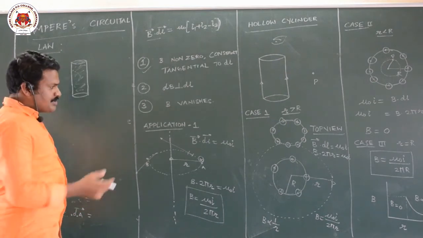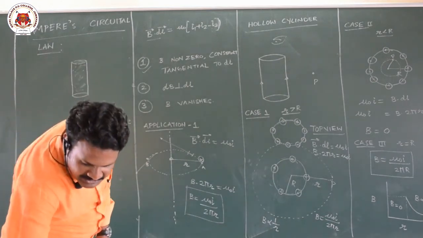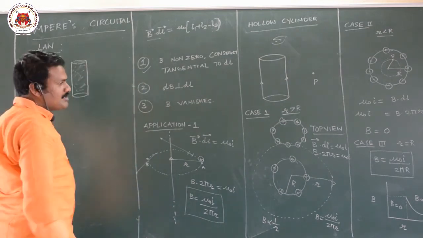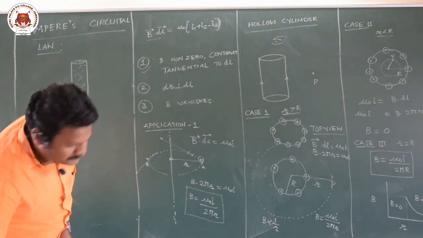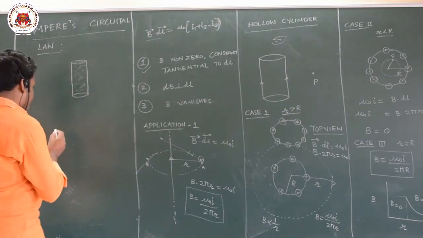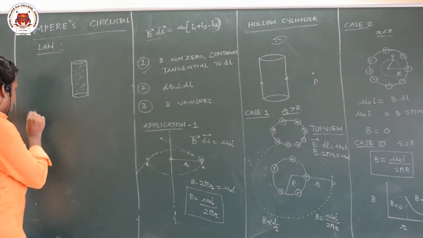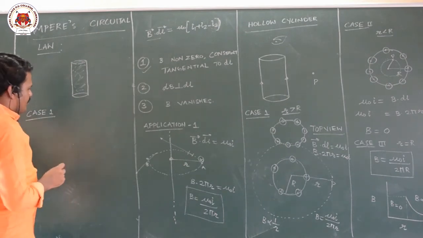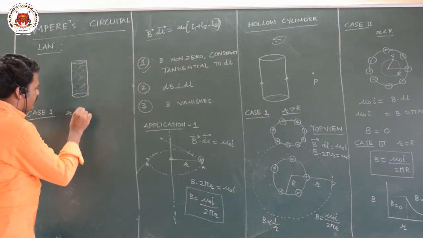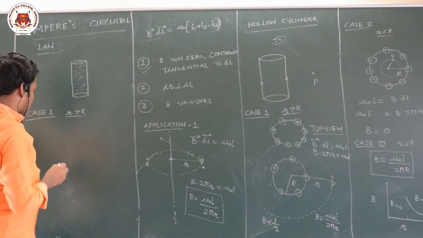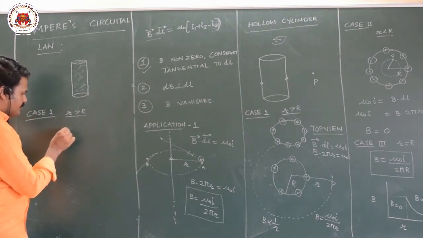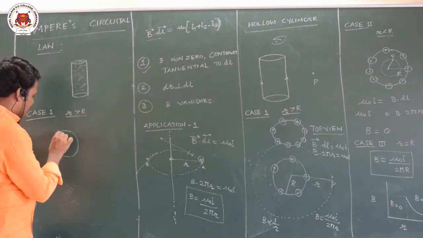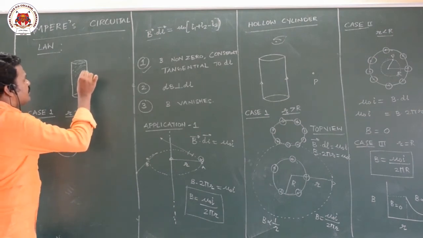Now let us take the first case, case 1, where small r is greater than capital R. Here also we are finding the magnetic field at 3 points. You can observe very carefully. Again I am drawing the top view. Here current is coming out, flowing like this.